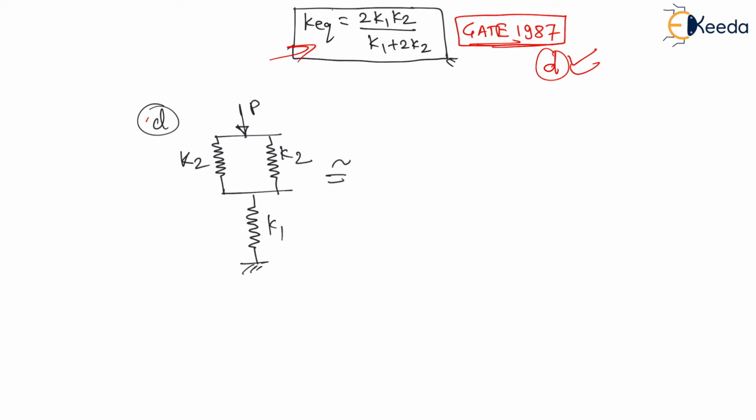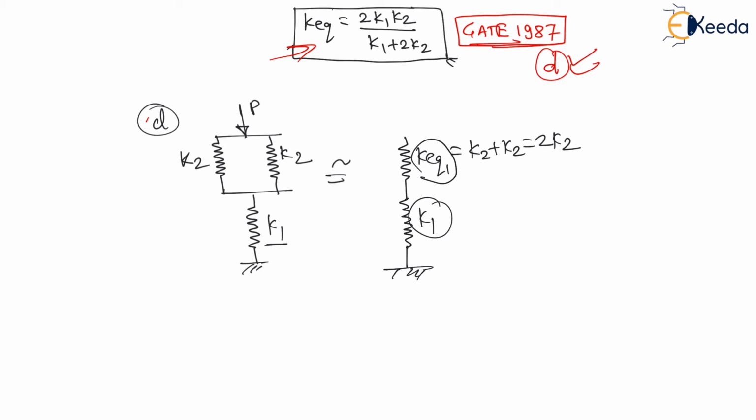Now we have to find first the k equivalent for k2 and k2. Therefore, there will be a k equivalent 1. This k equivalent 1 is the equivalent of k2 and k2, that is 2k2, because they are in parallel, they will get directly added. And k1 will be in series with this k equivalent 1, right? Therefore, for k equivalent 1 and k1, 1 upon k equivalent is equal to 1 upon k equivalent 1 plus 1 upon k1.